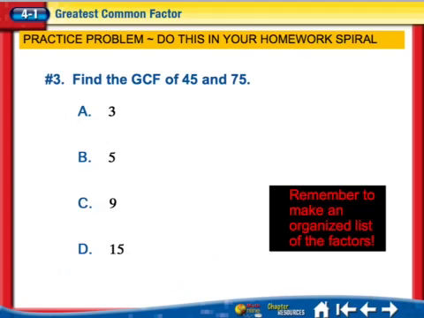Go ahead and do number 3 in your spiral and find the common factors of 45 and 75, and then find the largest one to reveal the greatest common factor. I'll give you a few moments to figure it out, and then I'll be back with the answer. Okay, the greatest common factor of 45 and 75 is 15.